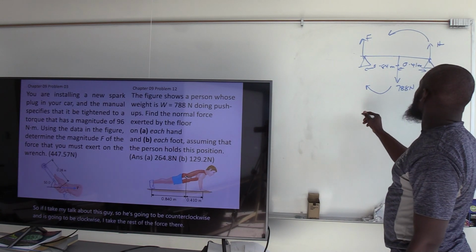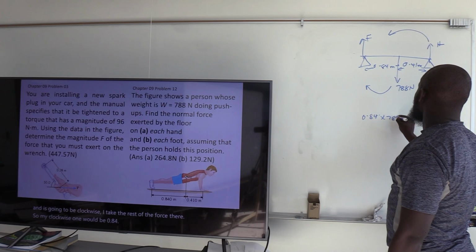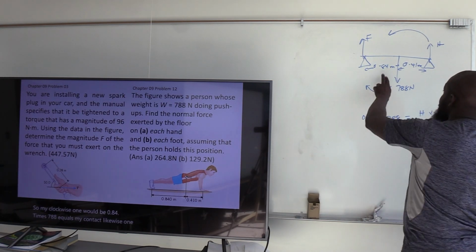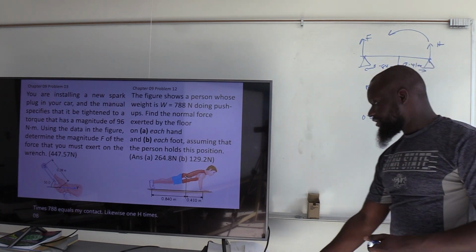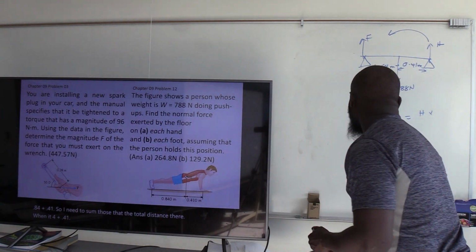So my clockwise one will be 0.84 times 788 equals my counterclockwise one, h times 0.84 plus 0.41. So I need to sum those. That's the total distance there, 0.84 plus 0.41, 1.25.